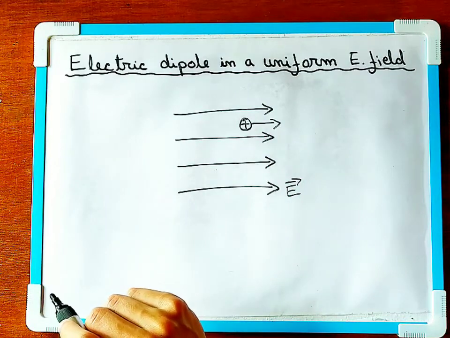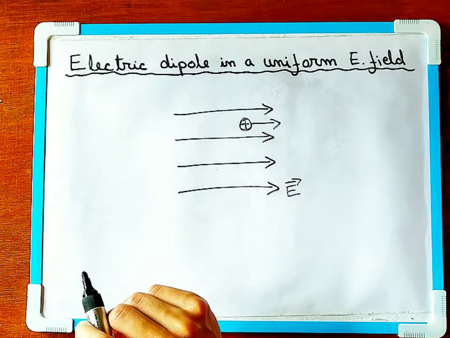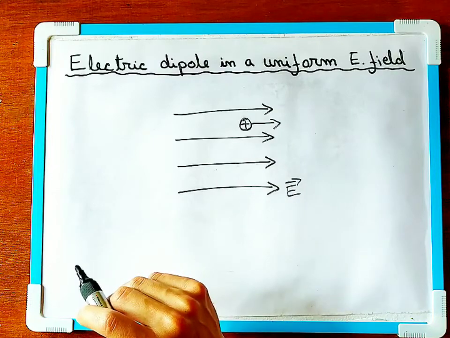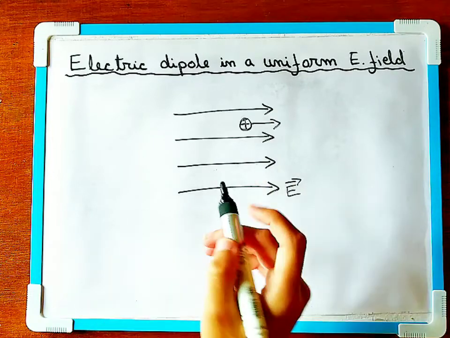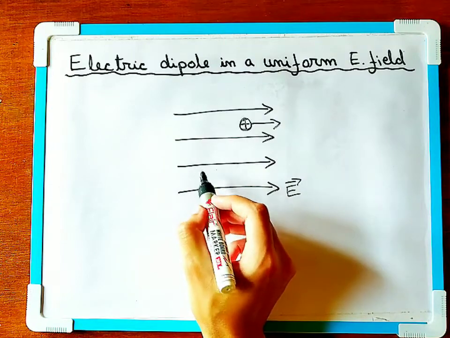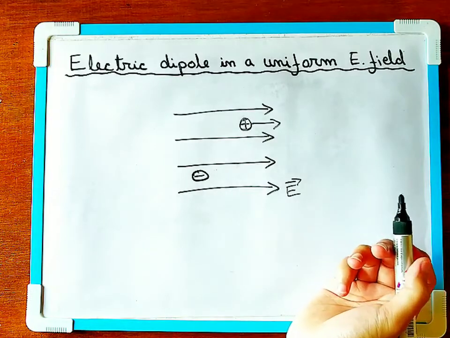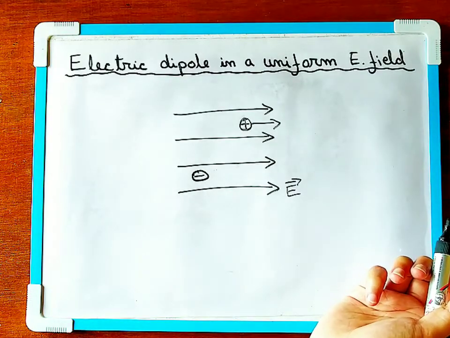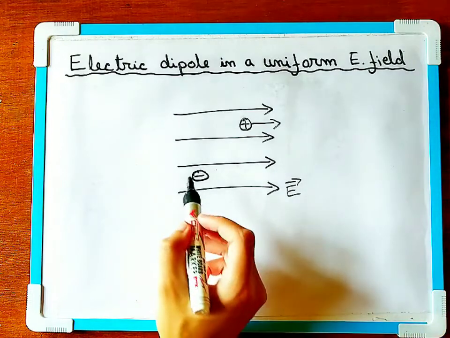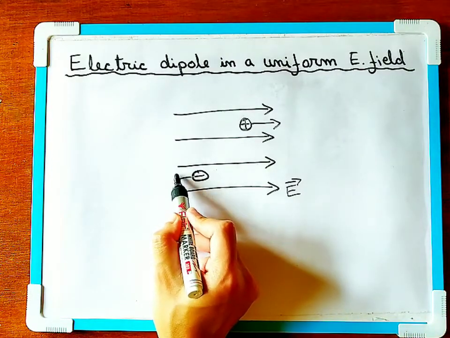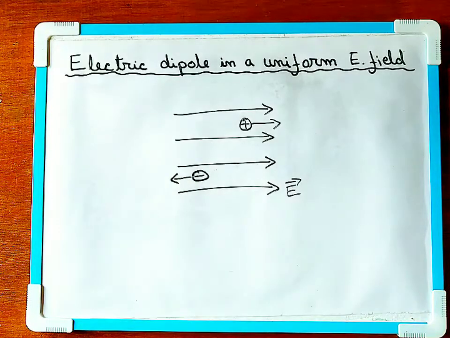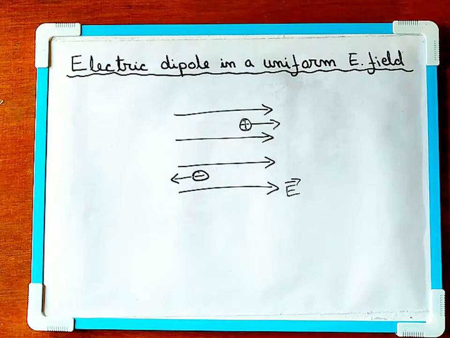Similarly, if we have a negative charge placed inside this electric field, the negative charge will also experience a force. So suppose we have a negative charge at this point, then it will experience a force in the opposite direction. If you can recall, one of the properties of electric field lines is that they are directed away from the positive charge and towards the negative charge.